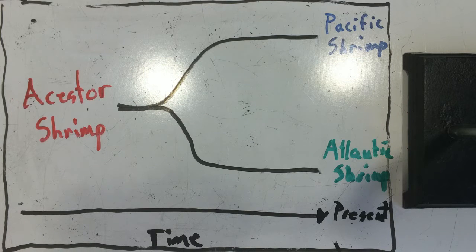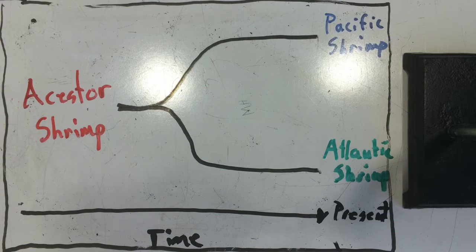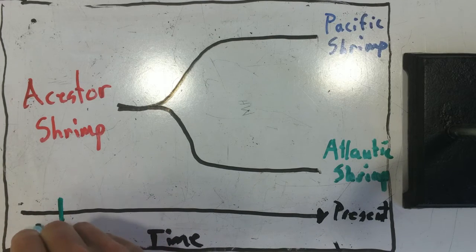So let's apply this to our shrimp. What we have here is just a different diagram, a way of diagrammatically representing what happened to this shrimp population. So instead of showing the geographic scale, we're going to show them on a time and evolutionary distance scale now. Right? So here's our ancestor shrimp, existing up until about 15 million years ago.